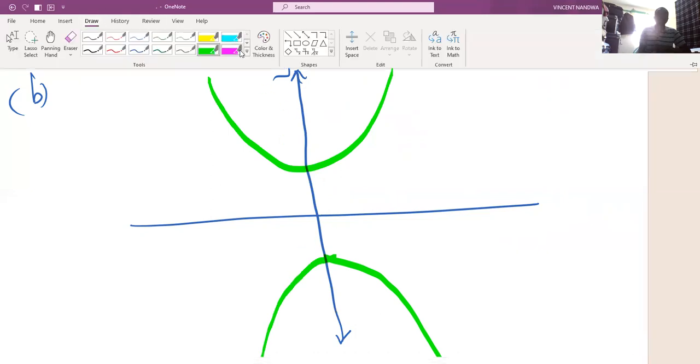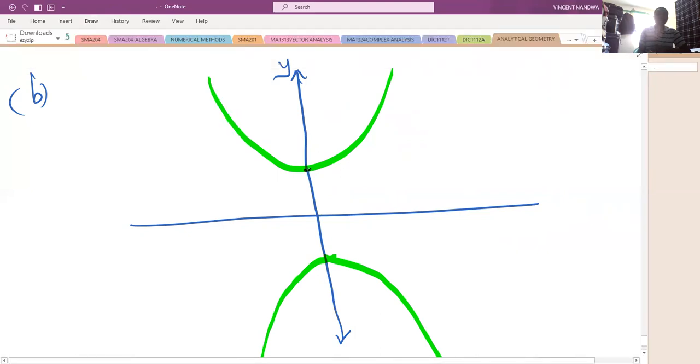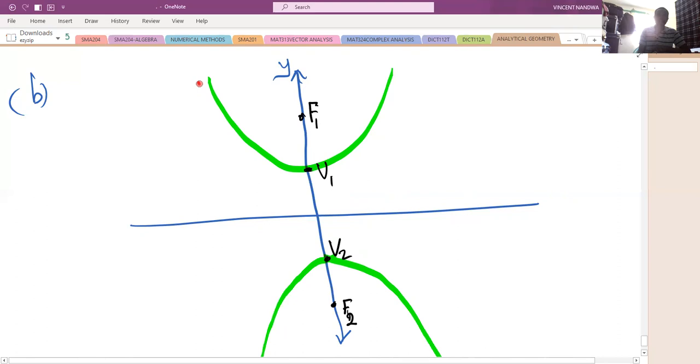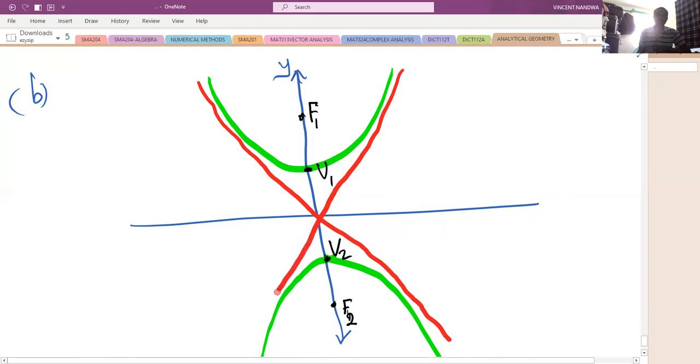So if this is the case, then we know that we'll have our V1 here, V2, F1, this F2, this is F1, and then these are the asymptotes.